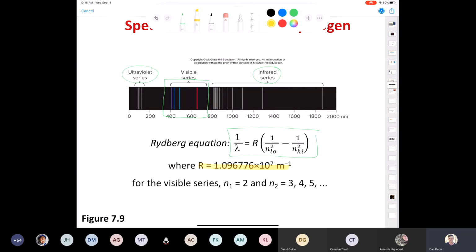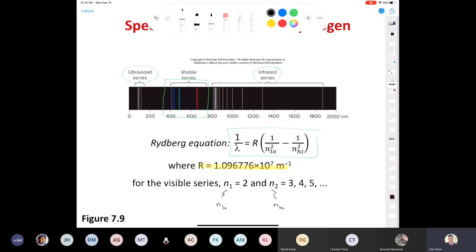Well, for the visible series, n1 is 2 and n2 is equal to 3, 4, 5, and 6. I'm not a big fan of the low and high. Sometimes I use it, sometimes I don't. But n1 is the same thing as n low, and n2 is the same thing as n high. So what he's saying is this.